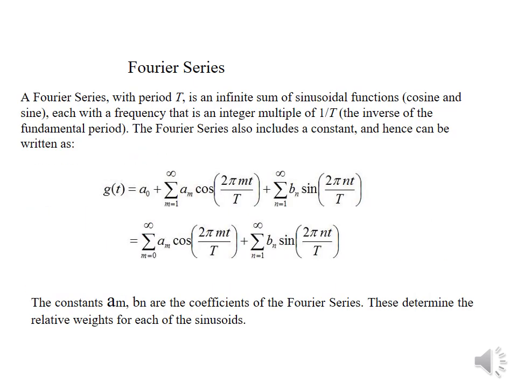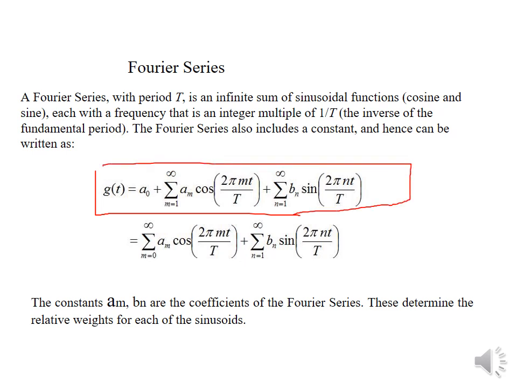Okay, so this is the Fourier series equation. From the equation, don't be scared and don't go into detail. But from there, you can see this is a signal, and this signal is made up of 1, 2, and 3 components.